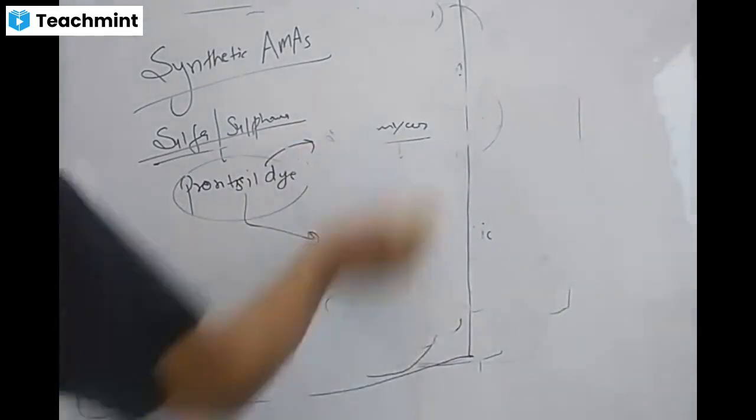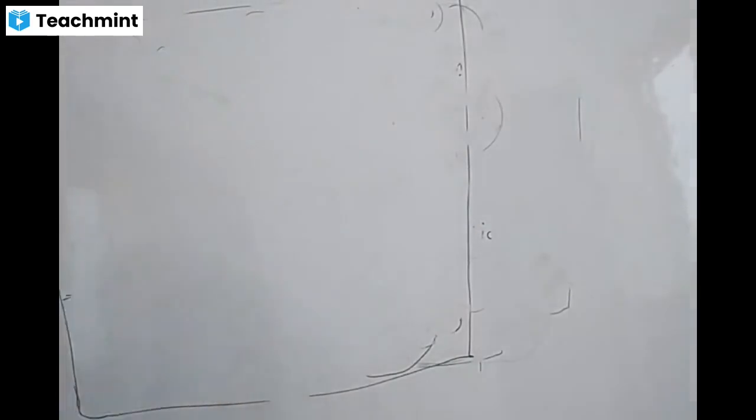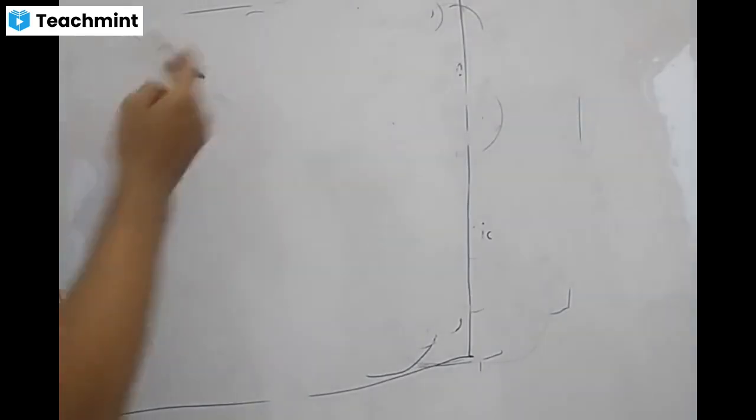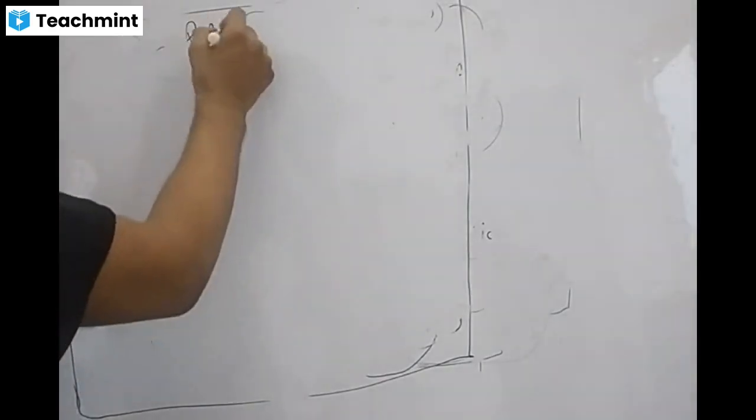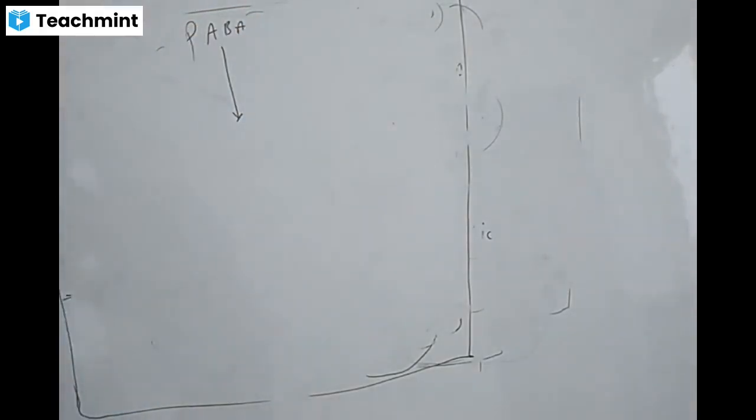So, sulfonamide, their mechanism of action: if you look at it, there is para-aminobenzoic acid. This para-aminobenzoic acid is utilized by the bacteria.